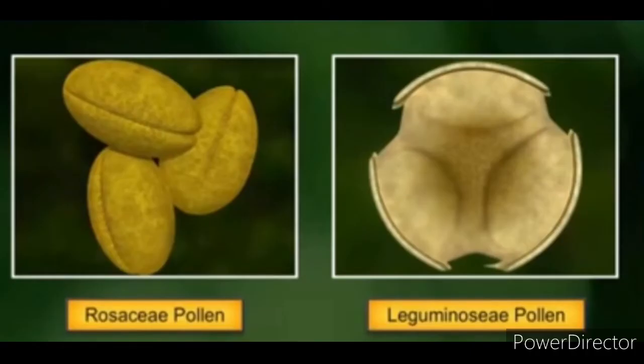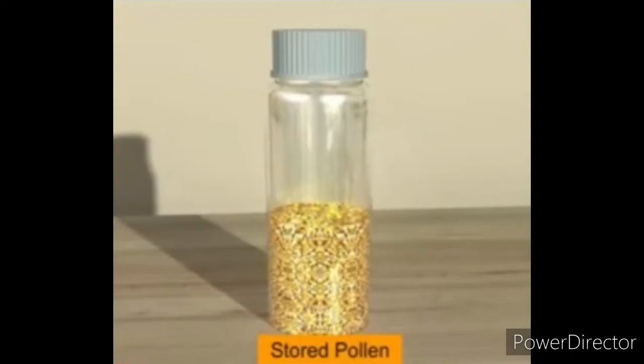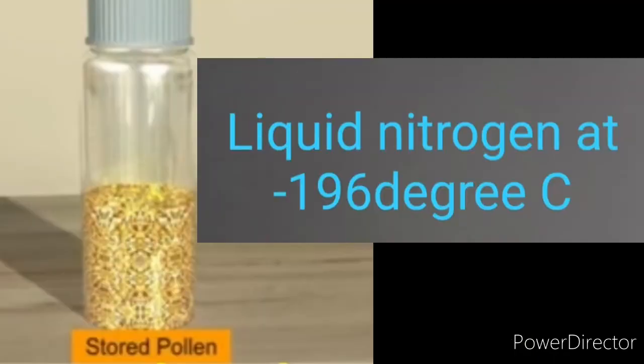These are all in the family Rosaceae, family Leguminosae and the family Solanaceae. Their pollen grains we can preserve for a long time, and afterwards we can use them in crop breeding programs. They are preserved in liquid nitrogen in the pollen banks.